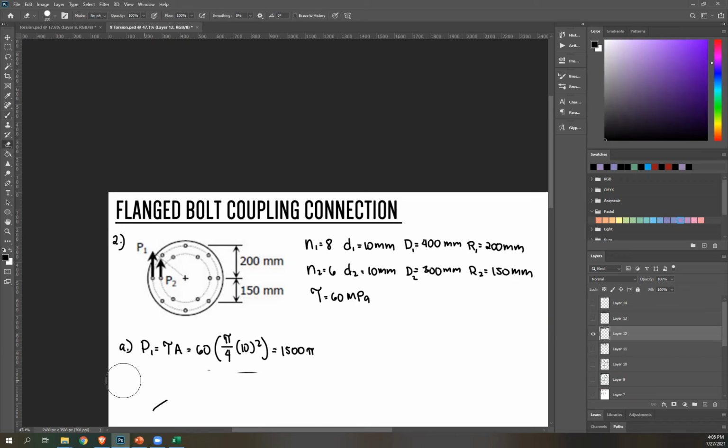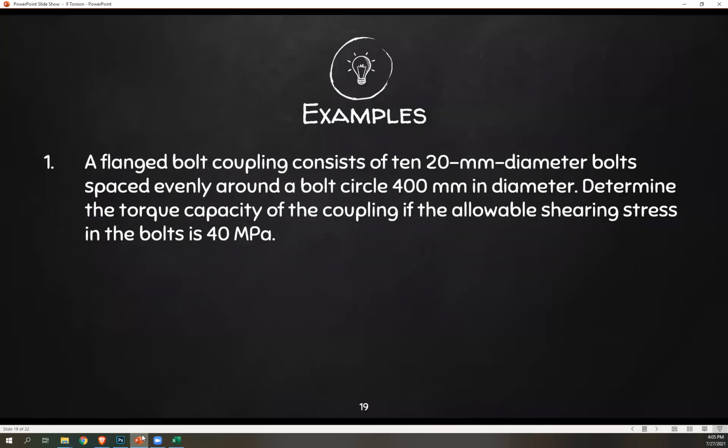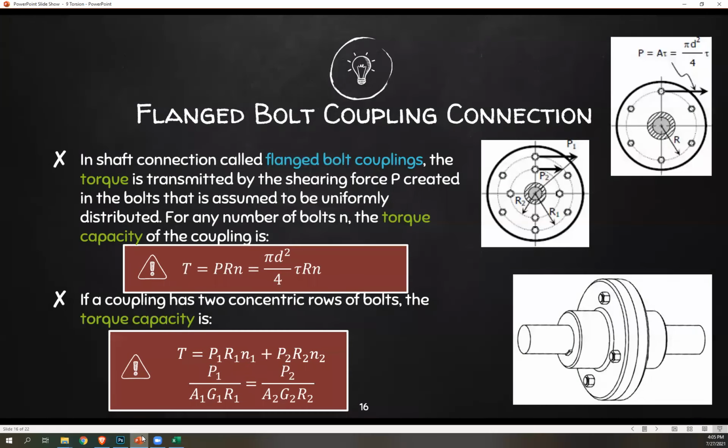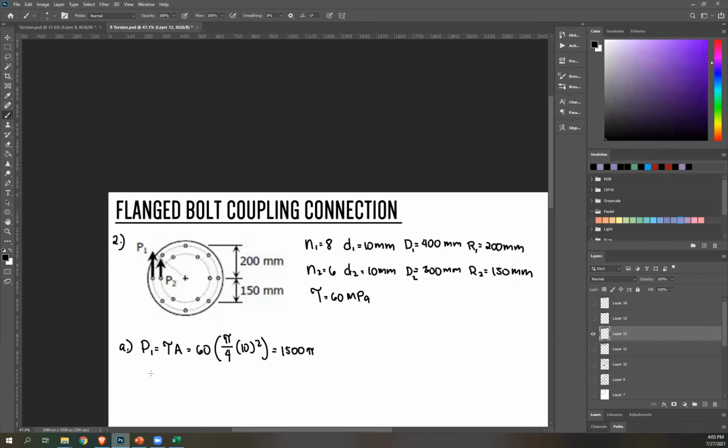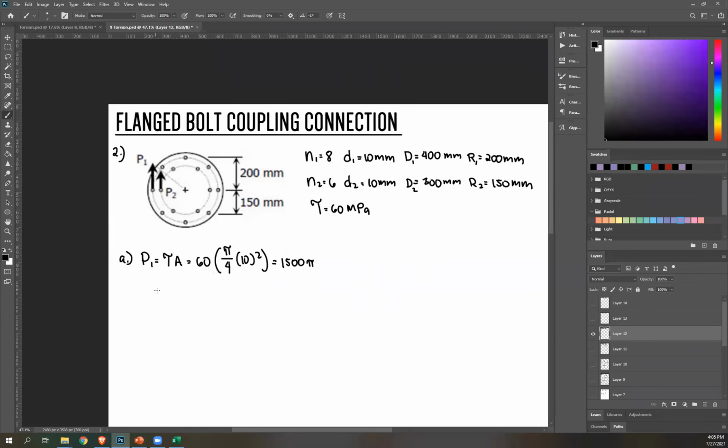Instead, remember, we have an equation for this, and I'll show you. P1 over AGR equals P2 over AGR. So that's what we'll use.